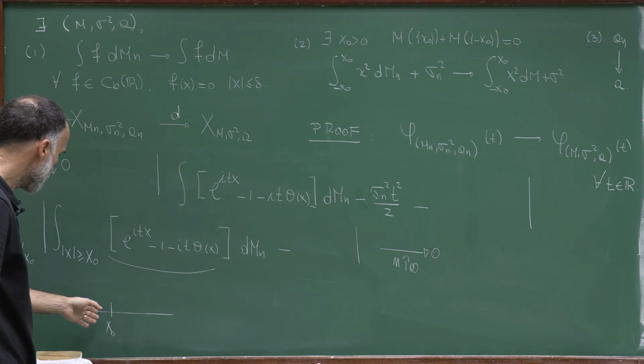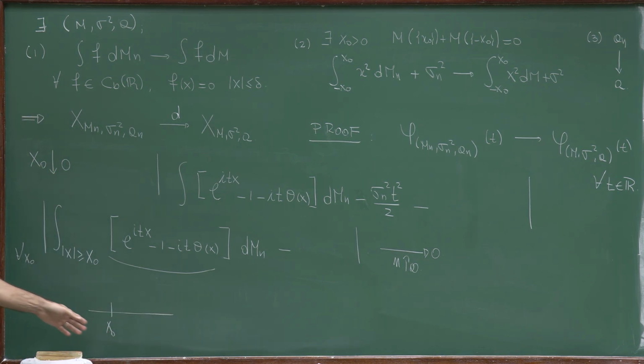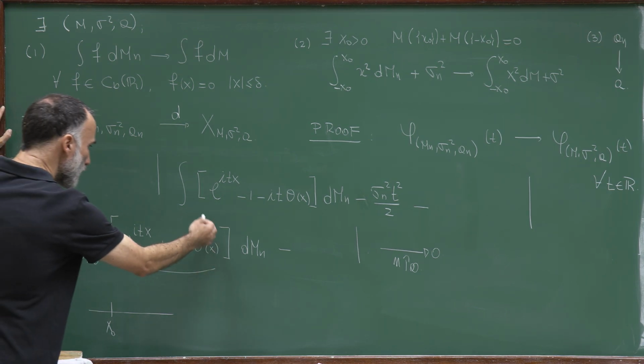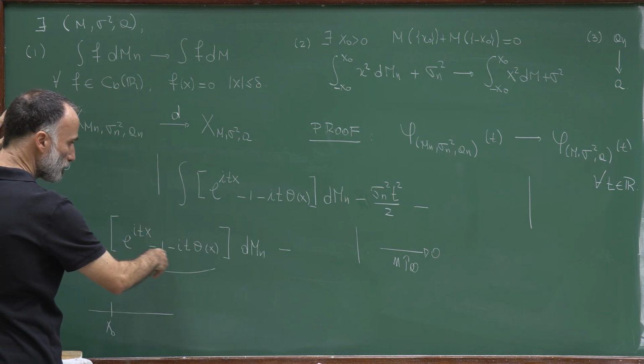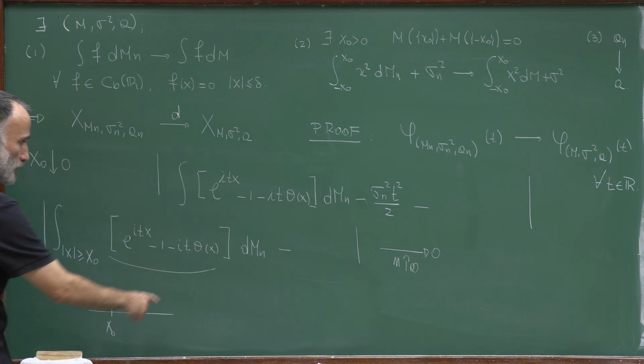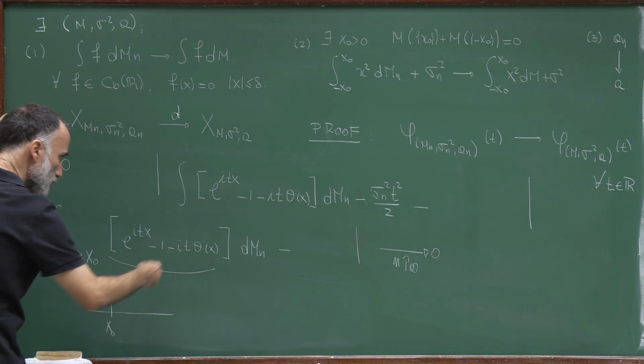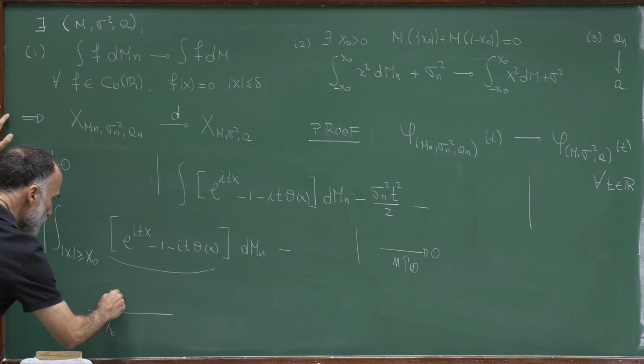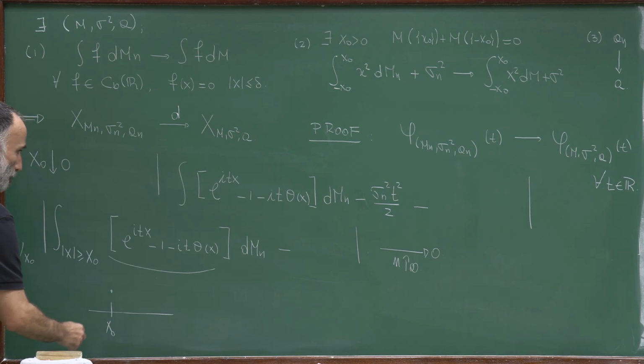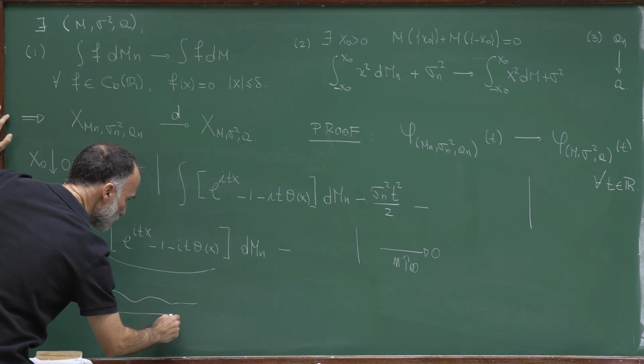So let me consider the interval x0 to infinity. The same argument will apply to minus infinity to minus x0. So here we have a bounded function, because theta x is a bounded function, and it's continuous. So this is a bounded continuous function, and it has a certain value at x0.